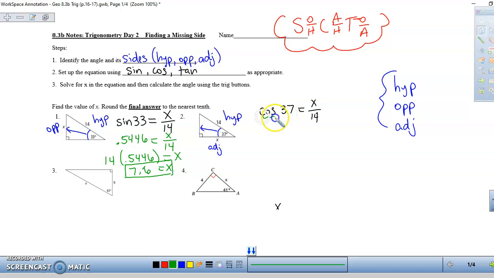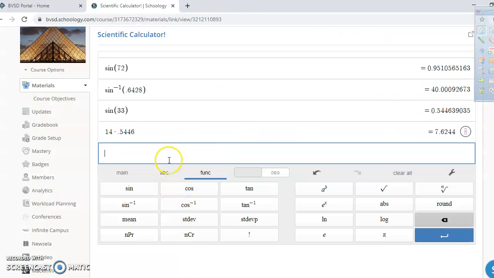Okay, I'm going to show you a shortcut with the calculator. So this all stays together, and you can find a decimal, but you can also just multiply by 14 and then type in cosine 37. So what you can do is just write this in your calculator, and that will also work. Okay, so 14 cosine 37, I go over here.